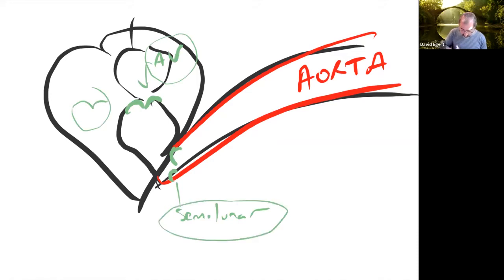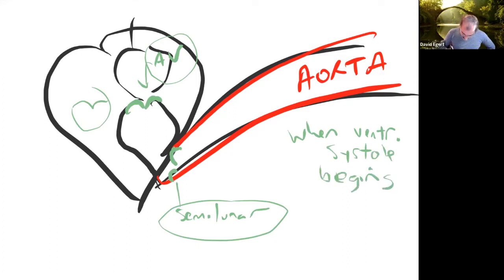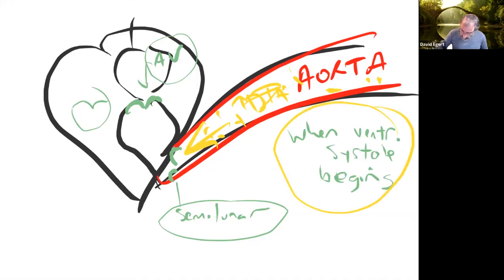The semilunar valves here. So when ventricular systole starts, we already have the diastolic pressure on this side, on the systemic side, the diastolic pressure pushing, which means when ventricular systole begins and the ventricles start squeezing, they have to overcome the diastolic pressure before any blood can actually leave.